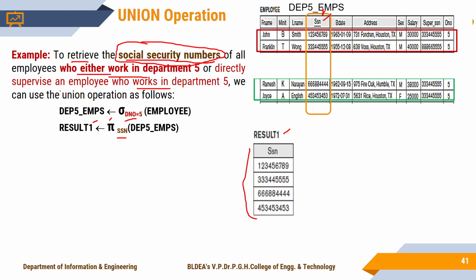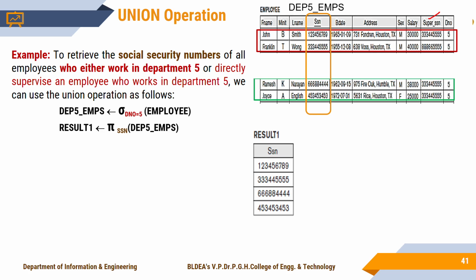Whether that employee is a supervisor or not, from which attribute will you get that information in this table? There are the attributes first name, middle initial, last name, SSN, birth date, address. Among these attributes, which attribute tells that the employee is a supervisor? Super SSN tells that.